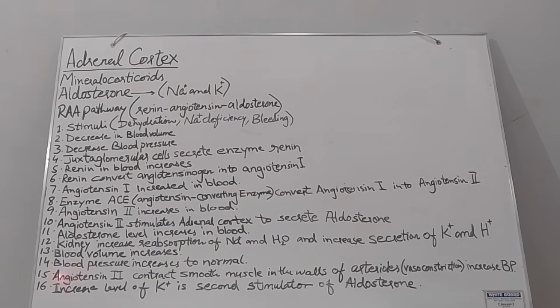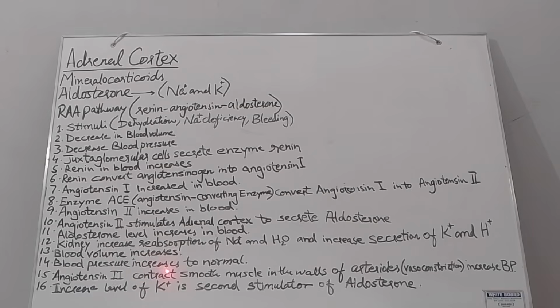At the same time, angiotensin 2 contracts smooth muscles in the walls of arterioles, and this is called vasoconstriction. Because of this process, which is initiated by angiotensin 2, blood pressure will increase.